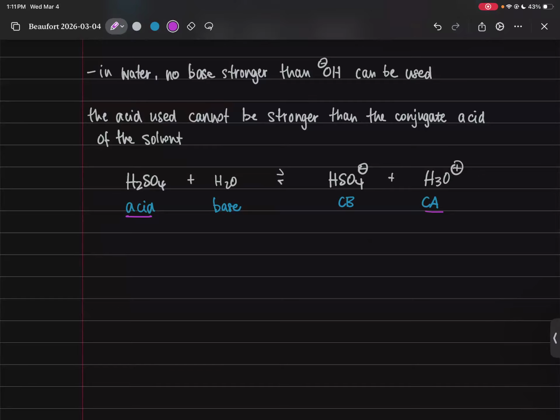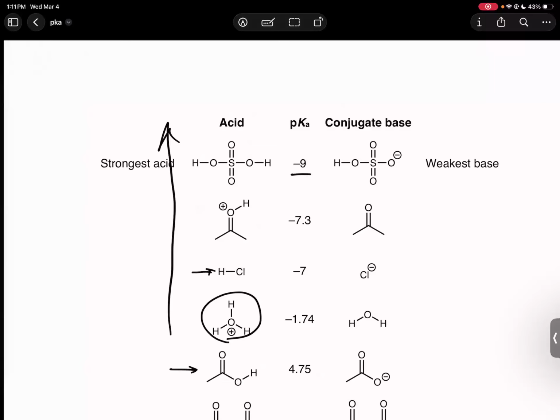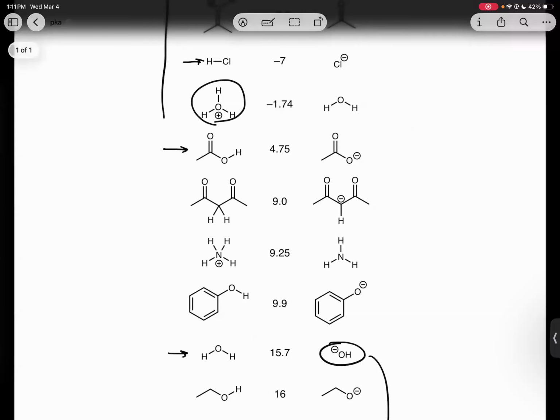So compare the two acids. Okay, sulfuric acid, way up here with a pKa of -9. Our other acid is not water, but H3O plus with a pKa of -1.74.